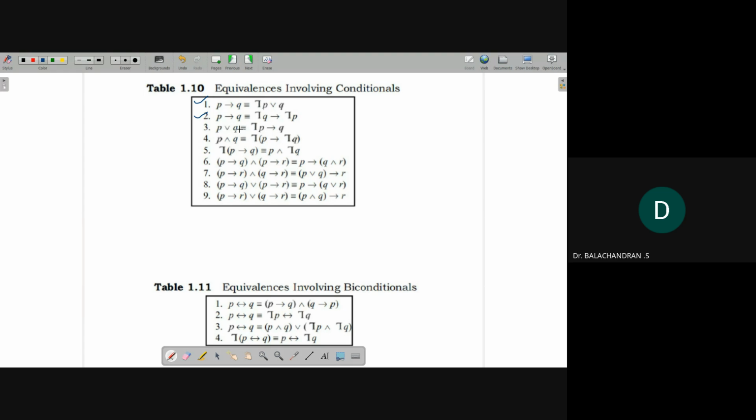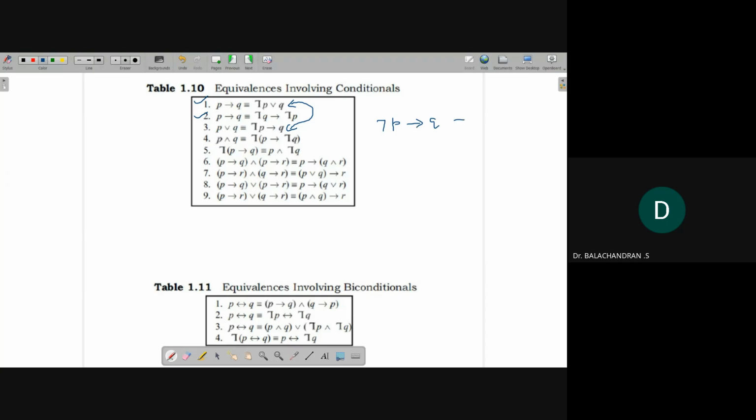Next, P or Q is equivalent to negation P implies Q. Can you write it from this? I think 1 and 3 are equivalent because for 3 I will write, let me check, negation P implies Q. Suppose I take it like this.